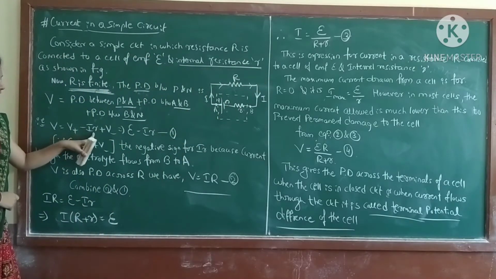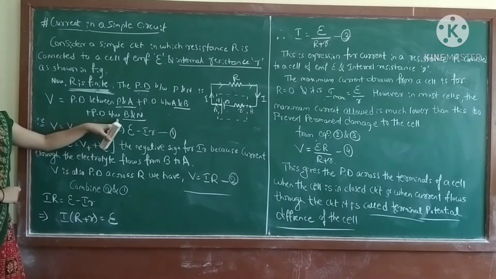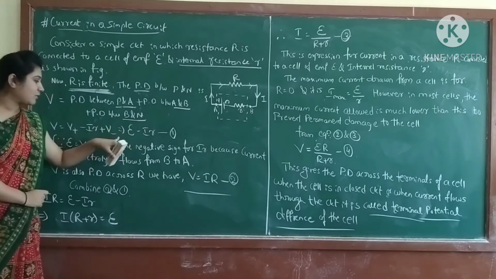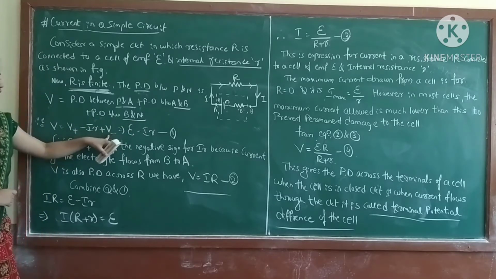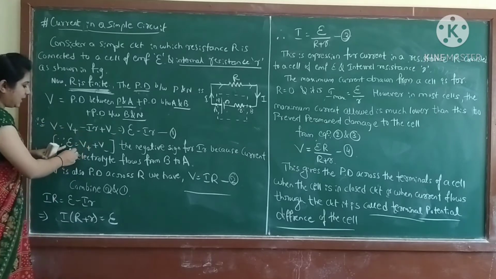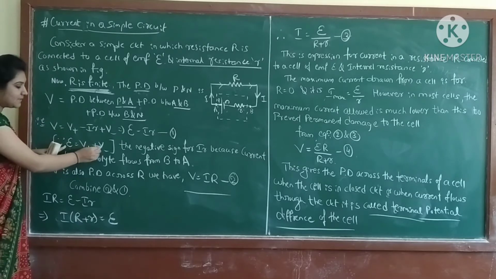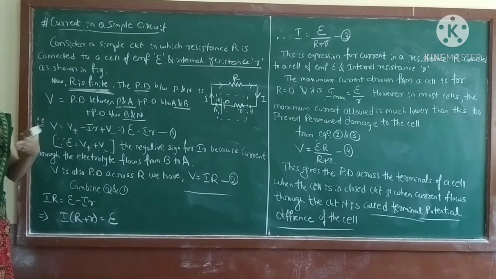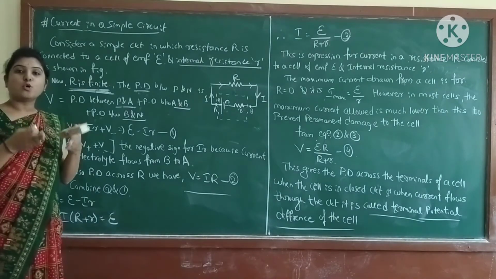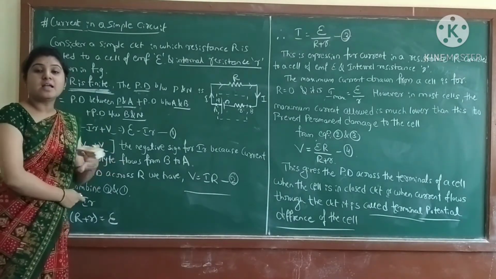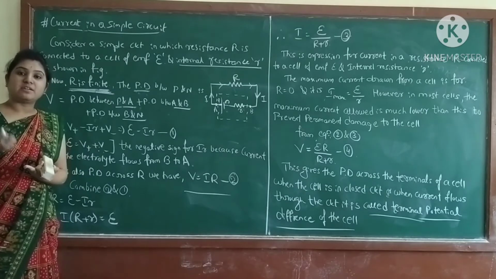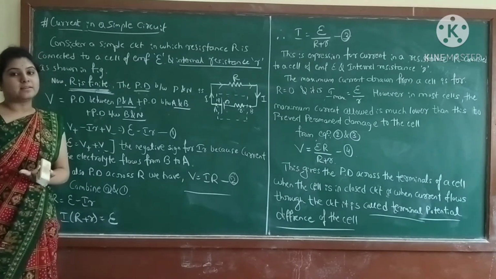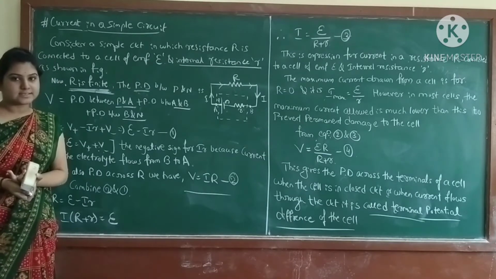So minus Ir plus the PD between B and L is how much? B negative. So we know that E is nothing but B plus minus B minus from the previous case. In the last class we discussed that the EMF, electromotive force, is nothing but the potential difference between the positive and the negative electrodes in the cell.